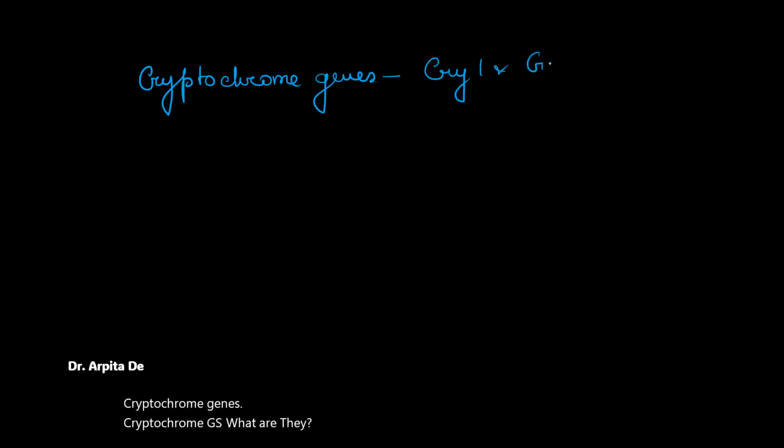Next, see what are the cryptochrome genes. Cryptochrome genes. What are they? Cry1 and Cry2. Okay, this Cry1 and Cry2 are nuclear genes. Wait, I will make a table like this.